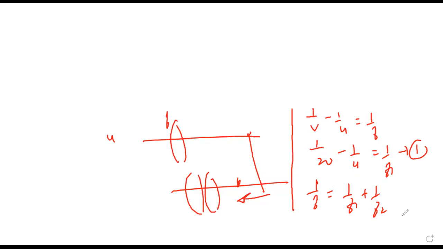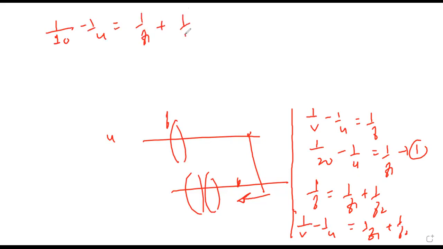And for this combination, 1 upon v minus 1 upon u is 1 upon f1 plus 1 upon f2. So with v as 10, 1 upon 10 minus 1 upon u is 1 upon f1 plus 1 upon f2.